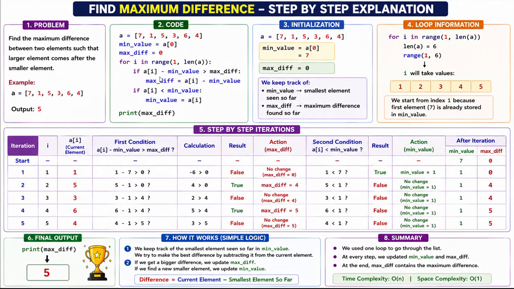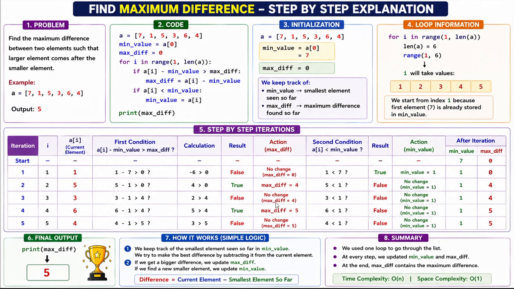Iteration 2. a of 2 minus the minimum value: 5 minus 1, greater than 0. Here 4 greater than 0, true.